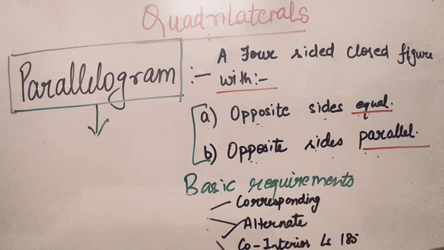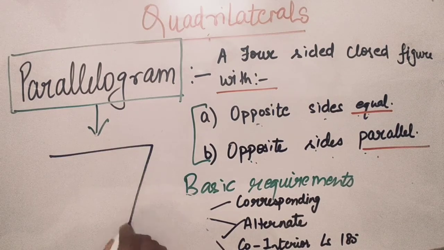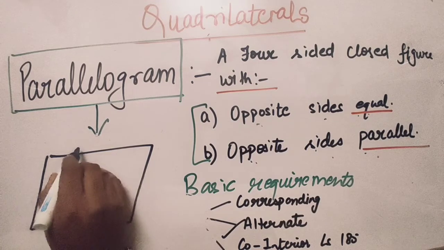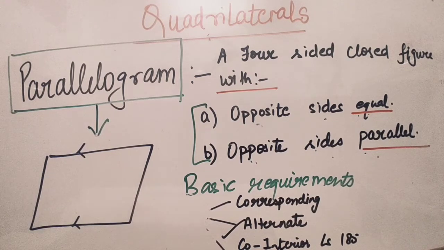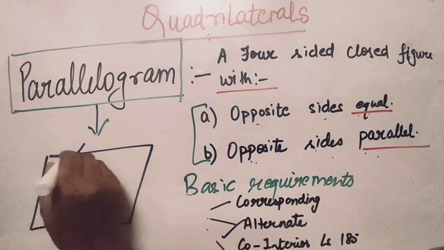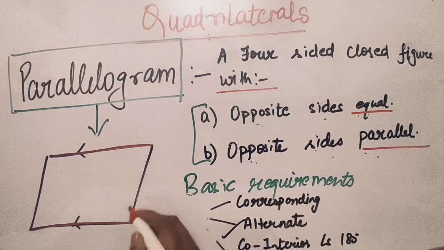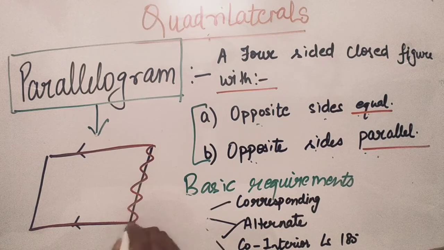Let's suppose we have a parallelogram. Now if I want to check whether this line and this line are parallel to each other, I want to see the parallel condition between these two lines. The line which is intersecting them will be considered a transversal, right?